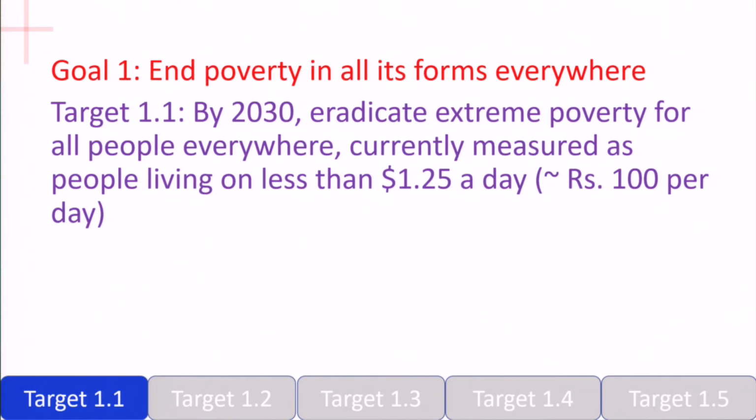If somebody is earning less than 100 rupees per day, then we say the person is living under the poverty line. So, the first goal is to eradicate poverty. We try to fix the target that all across the world there will not be any person who is earning an income less than $1.25 per day.